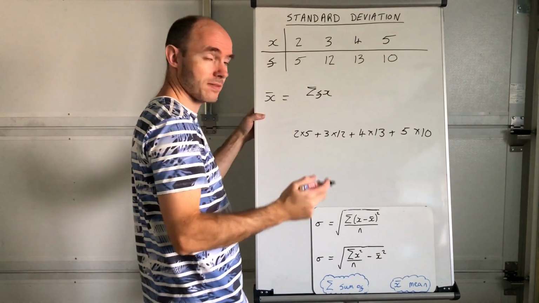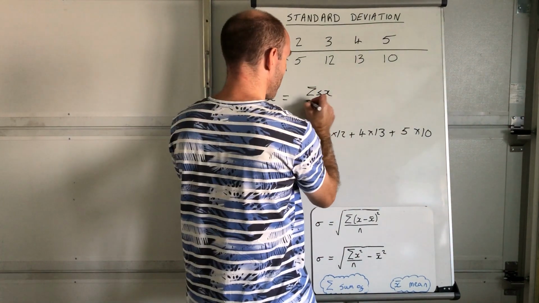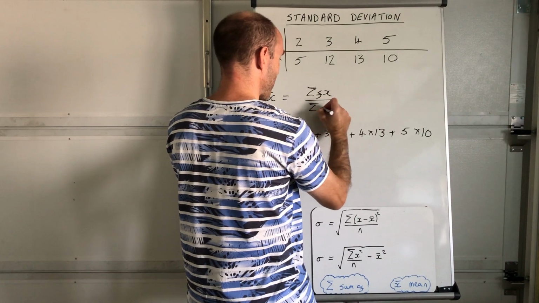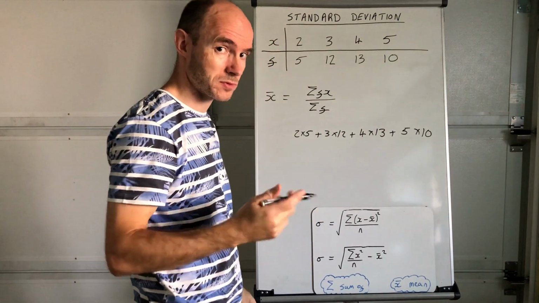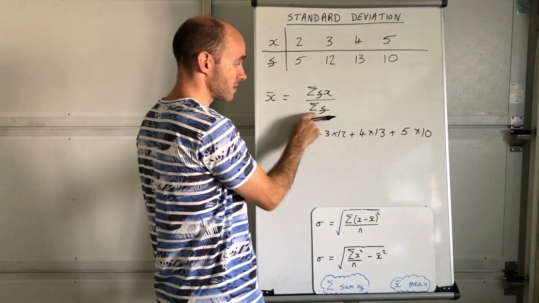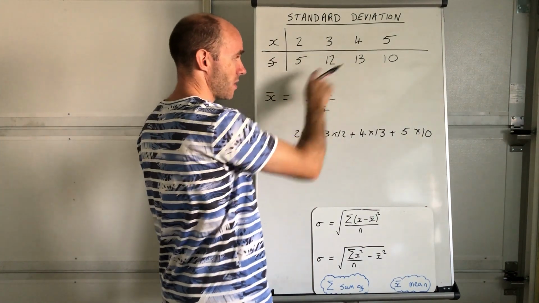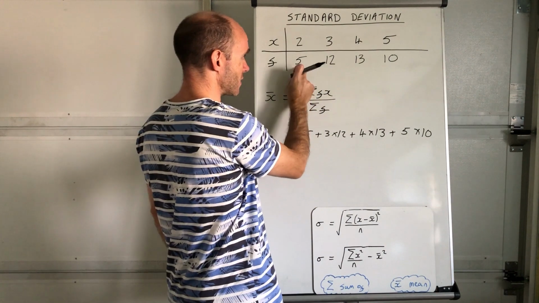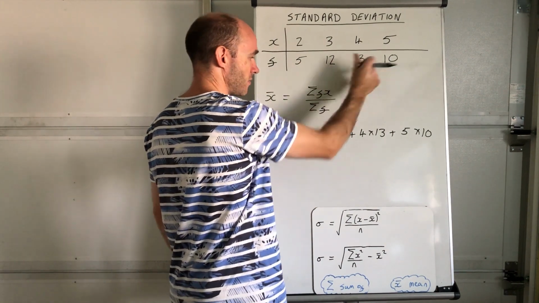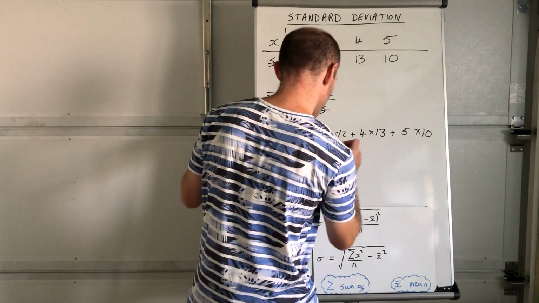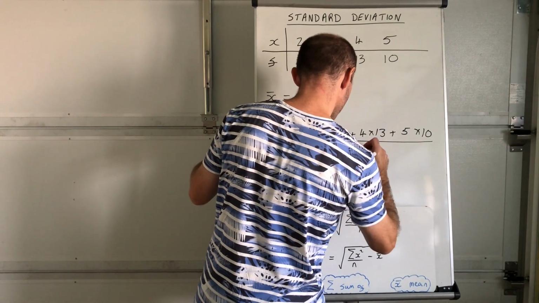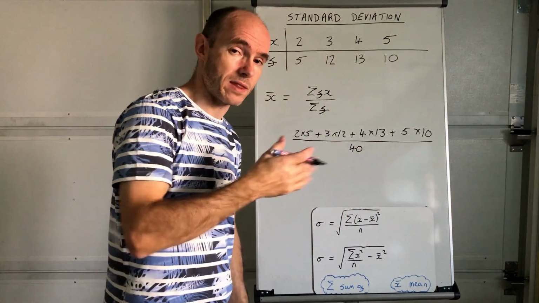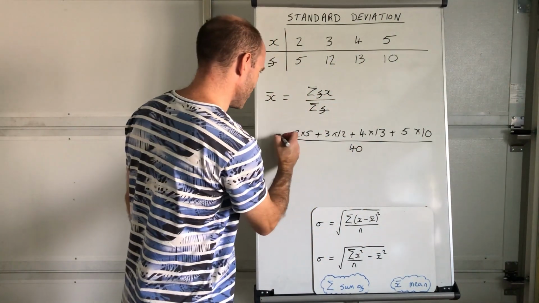And then you divide by the total number of values. Not n this time because you've got frequency. I'm going to denote that as sigma f. So the total number of values is found by adding the frequencies together. So it's 5, 17, 30, 40. So if you recall, that's how you work out the mean at GCSE level.